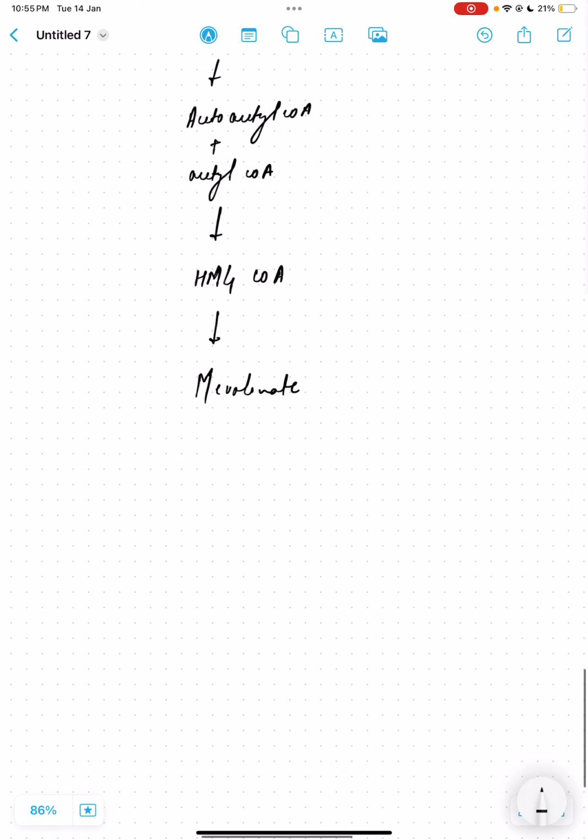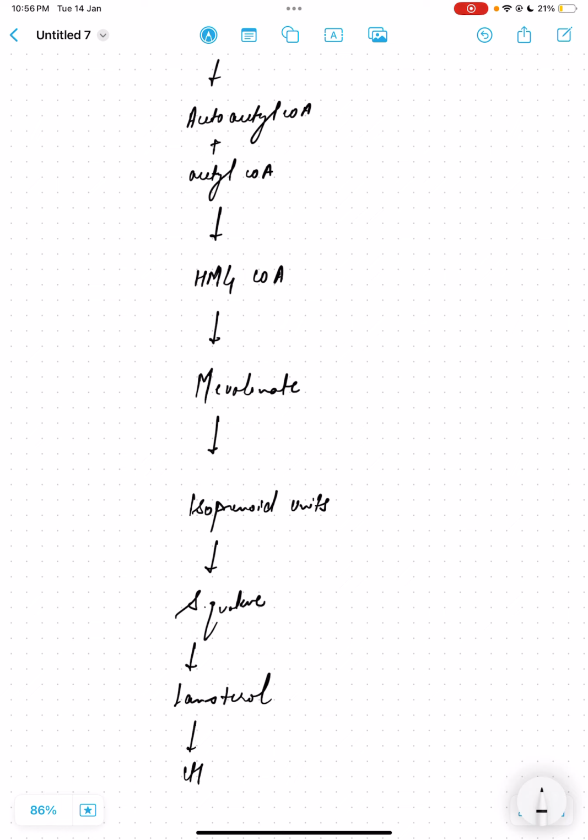This mevalonate will further form isoprenoid units. Isoprenoid units will further form squalene. Squalene will further form lanosterol, and lanosterol will further form cholesterol.